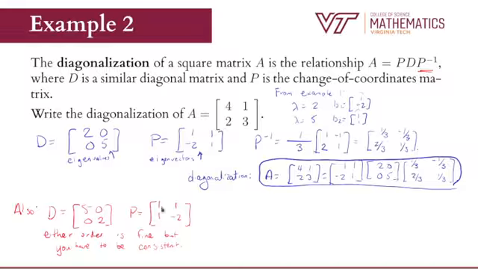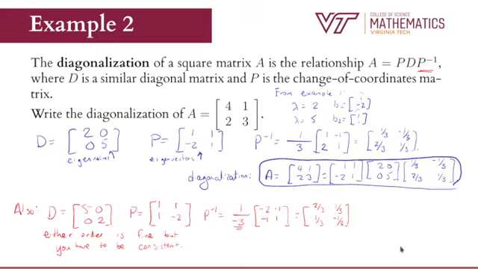I will also finish up this other version of the answer, just so you can see what happens. The determinant of this P matrix is negative 2 minus 1, which is negative 3. Then we switch the negative 2 and the 1, and we change the signs for the other values. So we have a lot of negative signs, but this negative sign in the determinant will cancel out with most of them. And that's going to give us 2/3, 1/3, 1/3, and negative 1/3.